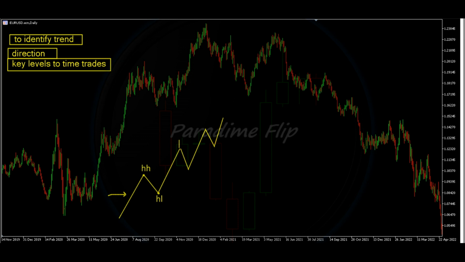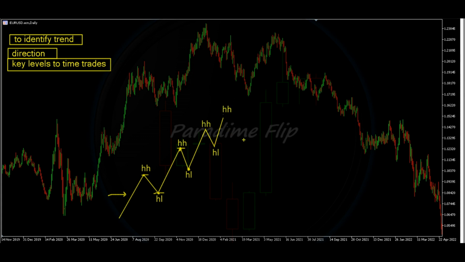So if we just continue this, right, higher high, you can see this is a higher high because this is a high that's higher than a previous high, right? And we then get a higher low, and this is a higher low because it's a low that's higher than a previous low. And this goes on, right, until a point, right?